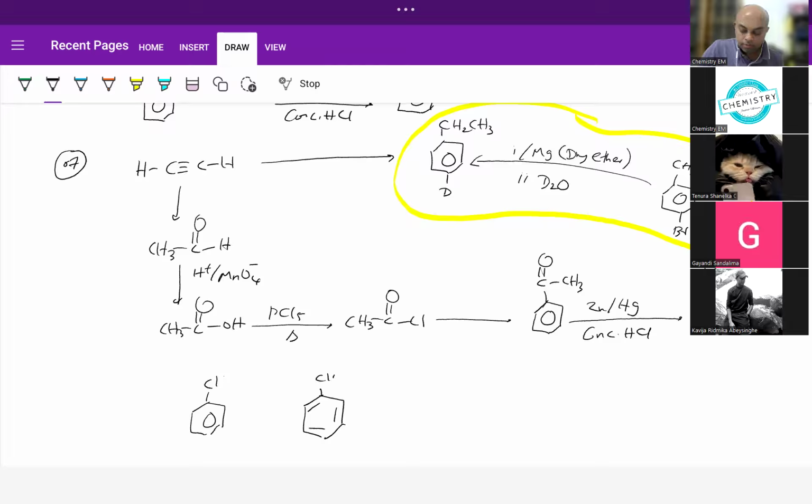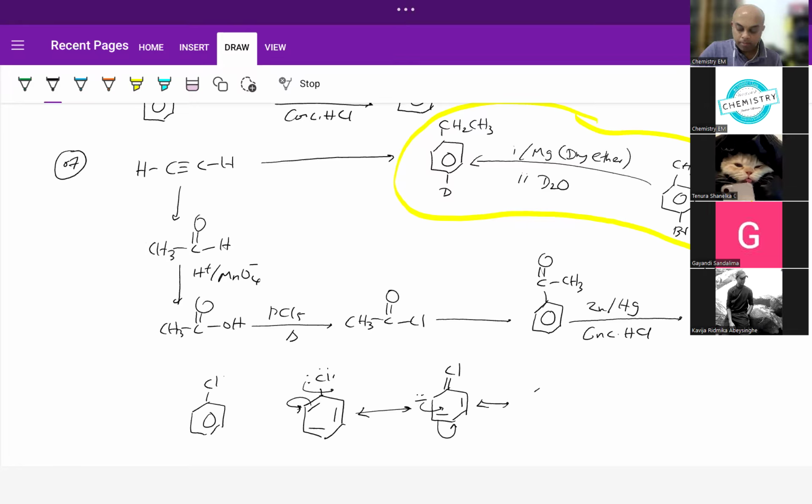So chlorine, then a lone pair will be donated to here, and it will be broken to here. Then a double bond will be created in between these two, and a negative one will be there. And this one will be broken to here, and this one will be going here.